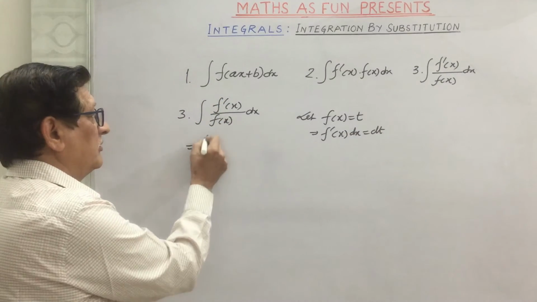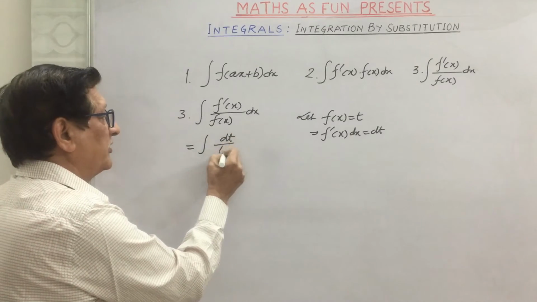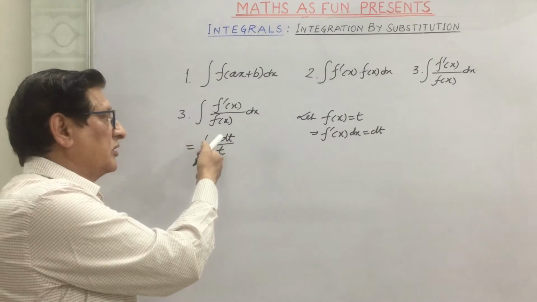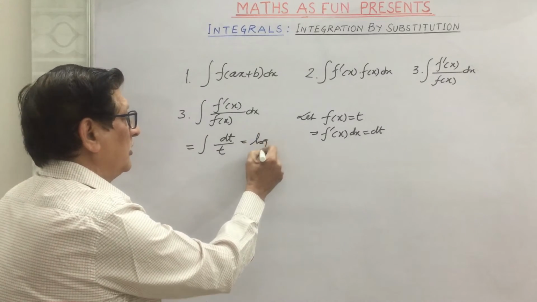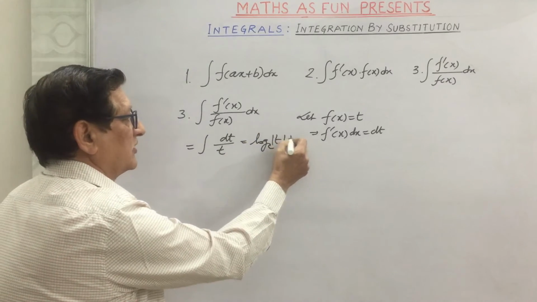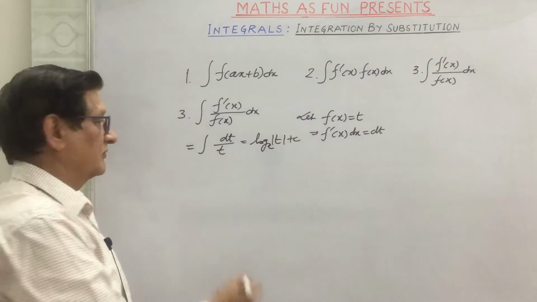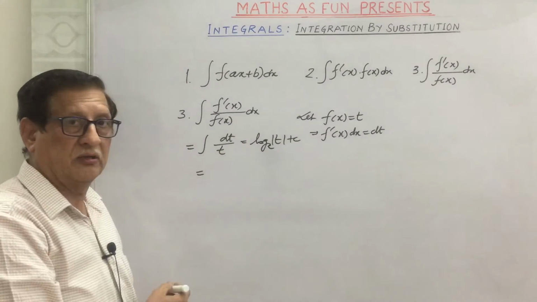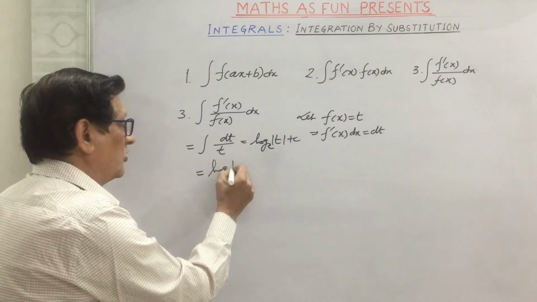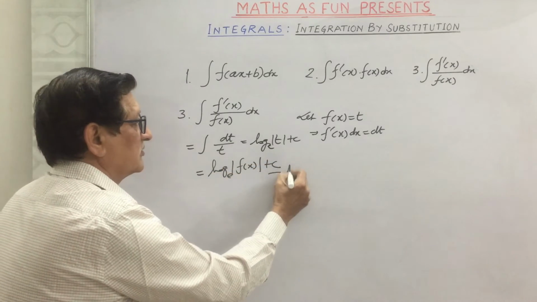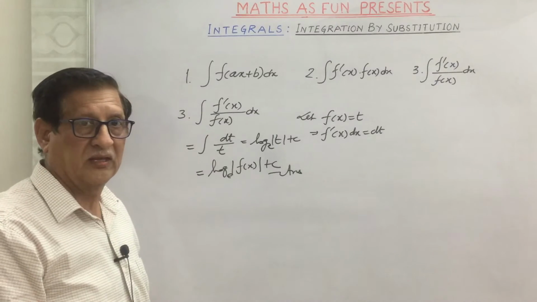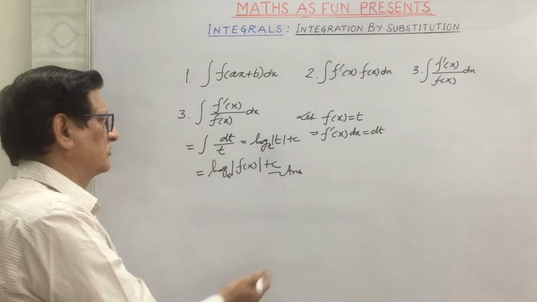So we get here dt upon t, and we know the integral of 1 upon t is log of t. So this is equal to log of t plus c. Substitute the value of t. So this comes as log of fx plus c. This is the answer. Let's take one example on this also.